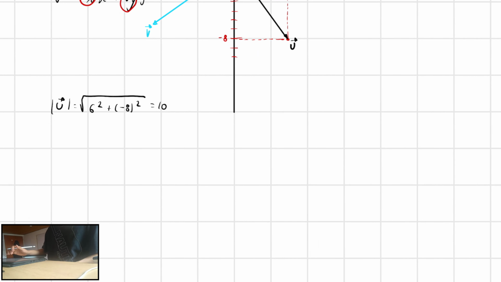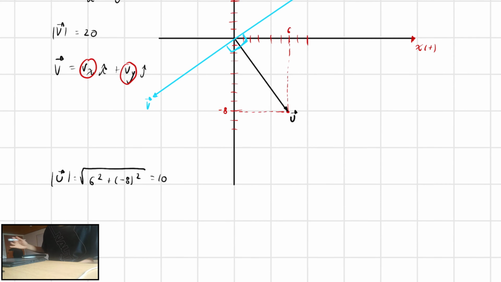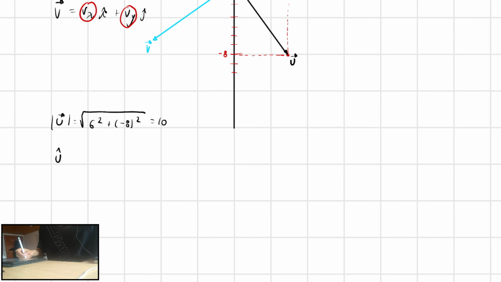Now that we have that, we're going to find the unit vector of u. So the unit vector of u is going to be equal to 6 divided by 10 in the i direction minus 8 divided by 10 in the j direction. That is equal to 0.6 minus 0.8.